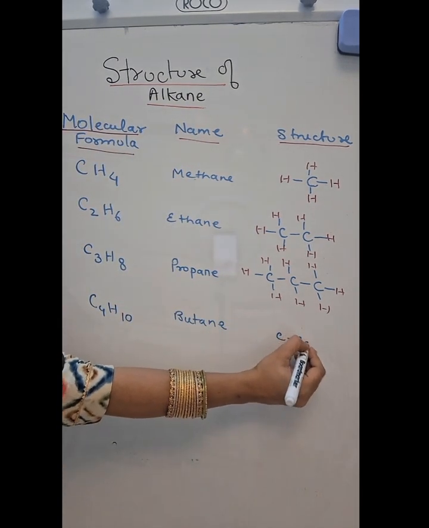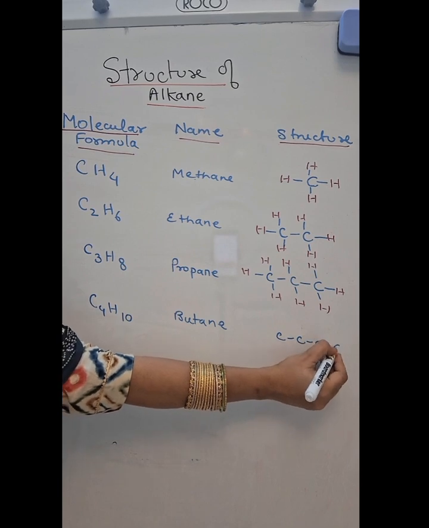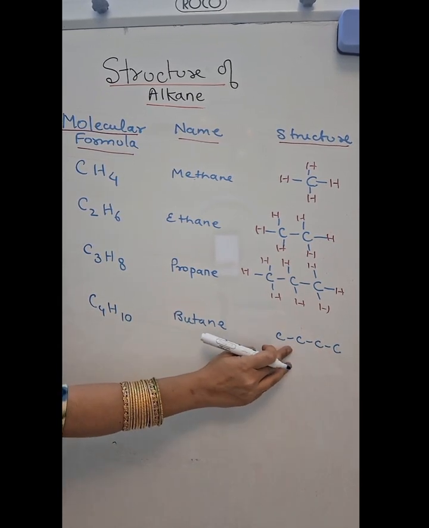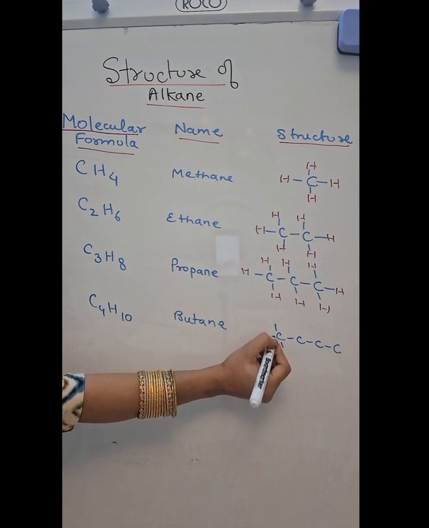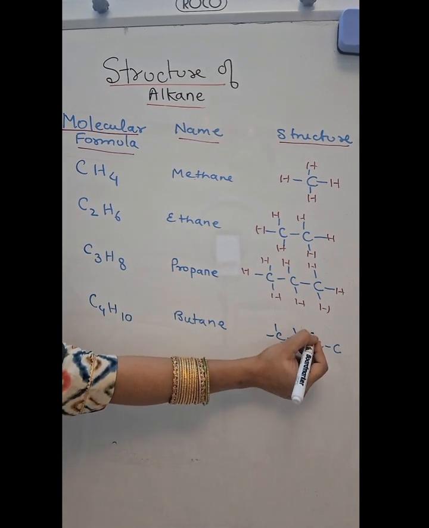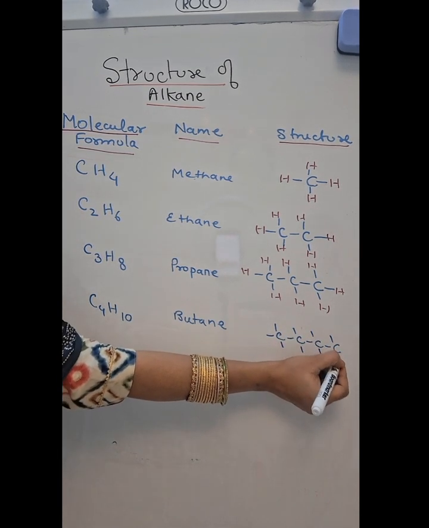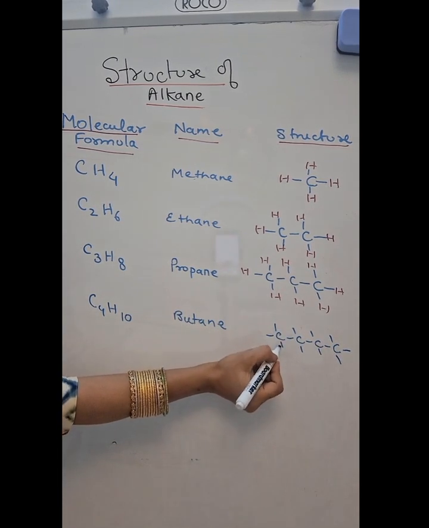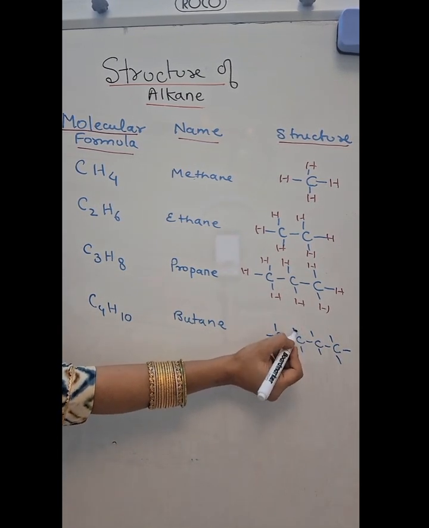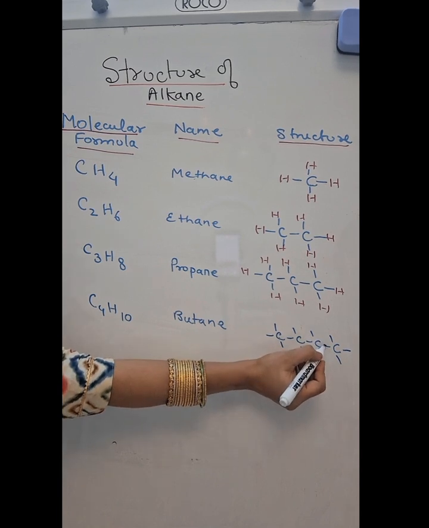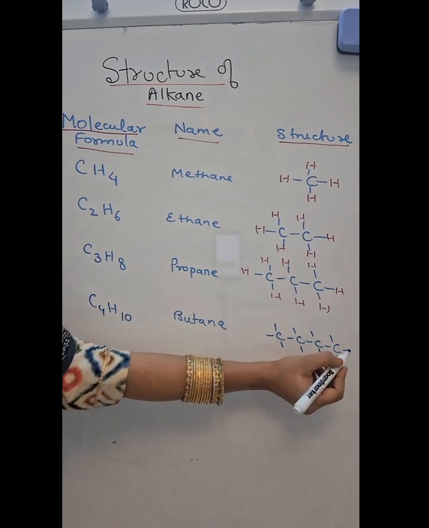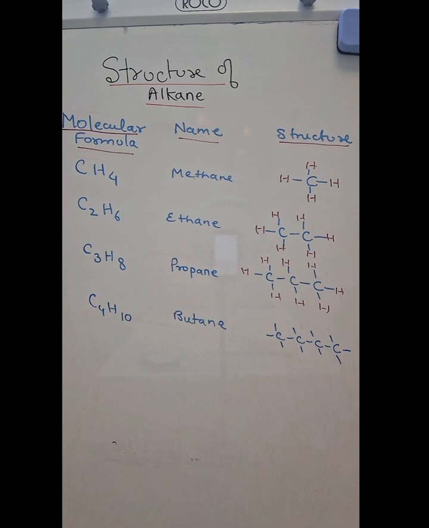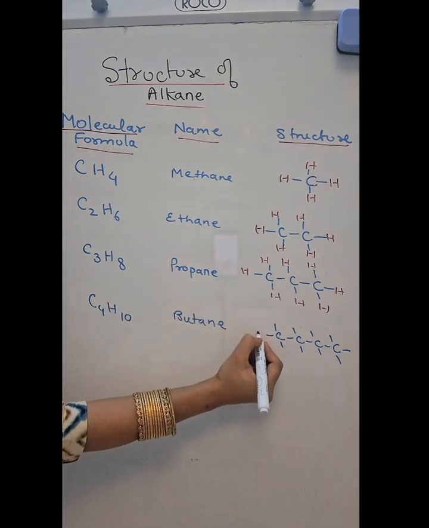Exactly same as we are drawing for other alkane, but here there are 4 carbon which is singly bonded, and then we will satisfy the valency of each carbon. You see, we need to just count 1, 2, 3, 4 for each carbon. Okay, and then we will satisfy with hydrogen.